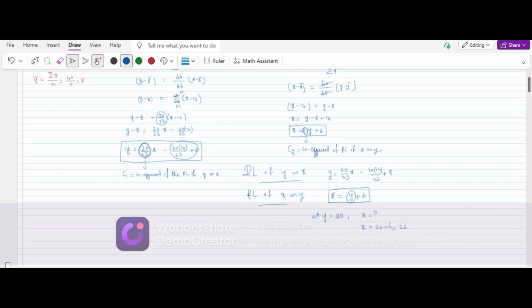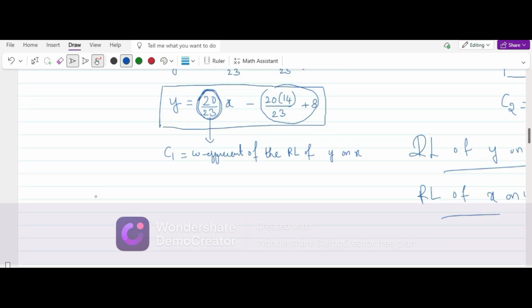Can you calculate the coefficient of correlation? What is the coefficient of correlation? That is r, the geometric mean of the coefficient of regression line of y on x into the coefficient of regression line of x on y.